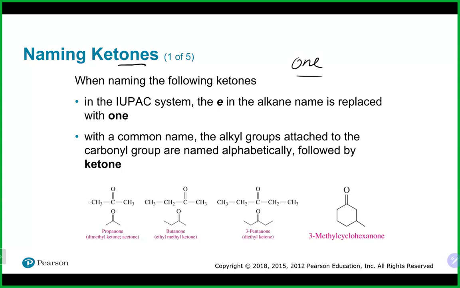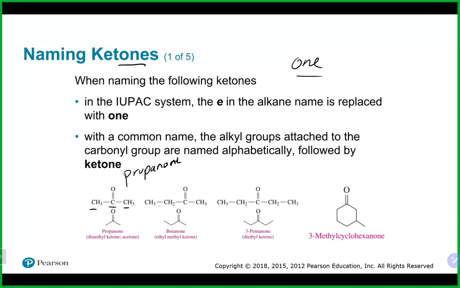So here we have 1, 2, and 3. That is going to be propanone. By the way, propanone is the smallest ketone you could have because you need 3 carbons in a row. That's as small as you could get in terms of a ketone.